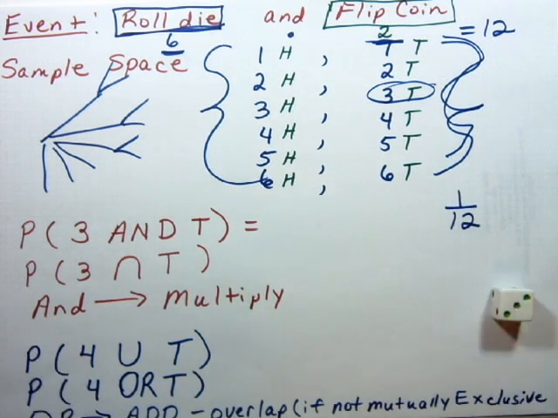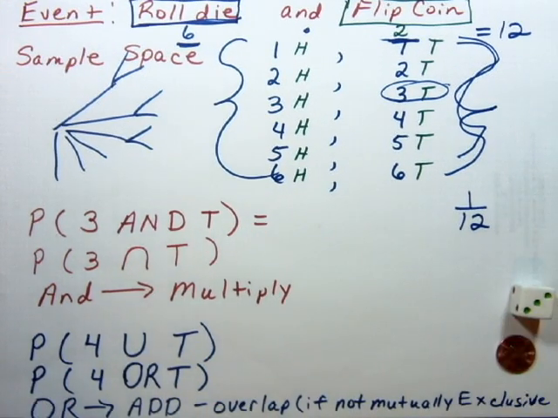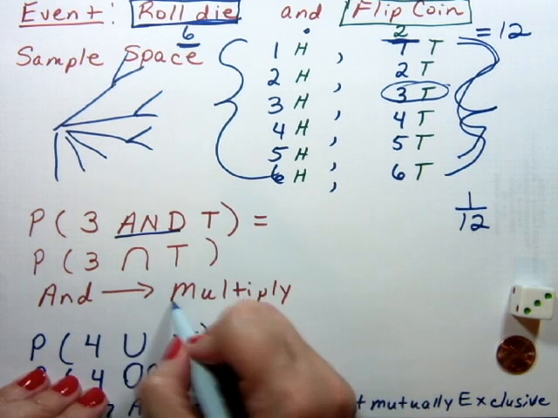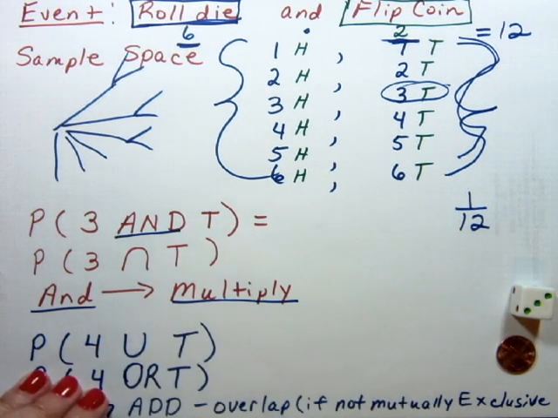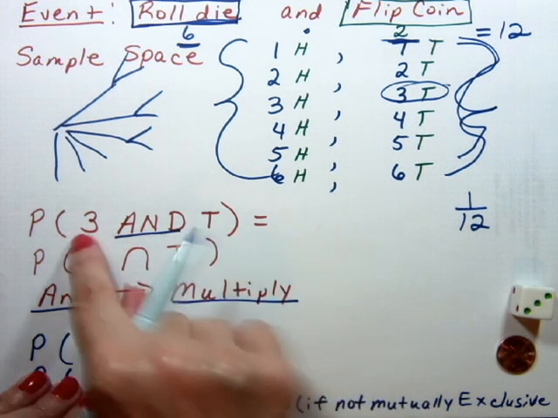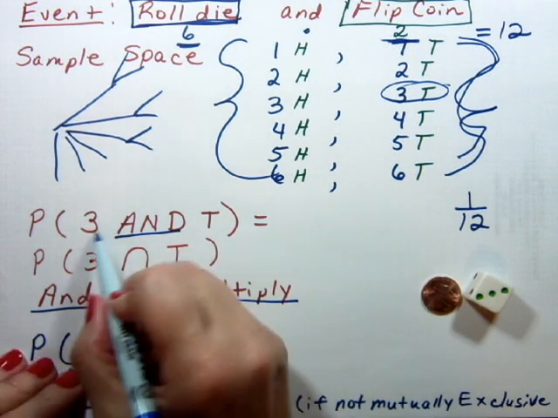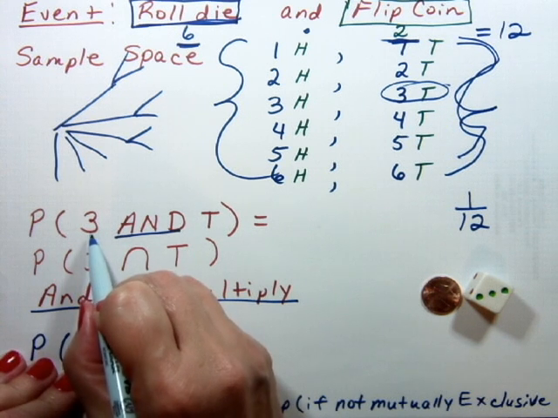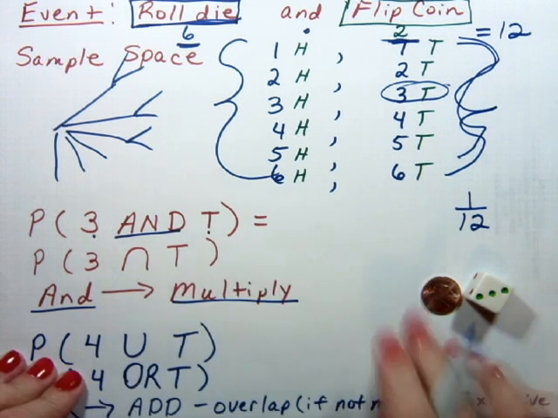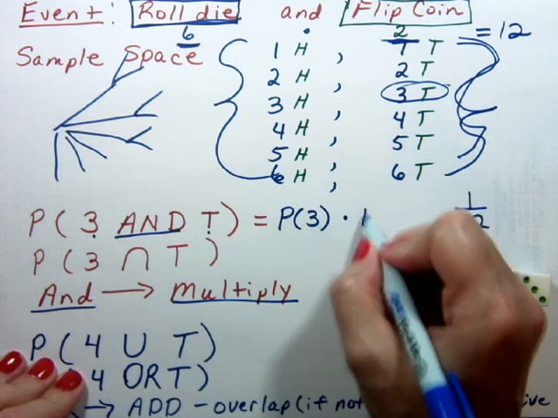Now let's say you didn't want to draw out the sample space. If you don't want to draw out the sample space, then you want to ask me for a formula. What do I do? Well, here's the key in probability. When you see and in probability, that means you want to multiply your probabilities together. So if I have 2 events that are going on, 2 experiments, or it's an experiment and I'm doing 2 things, then I would say if I want the probability of getting a 3 on the die and tails on the coin, I would say it's the probability of a 3 times the probability of tails.